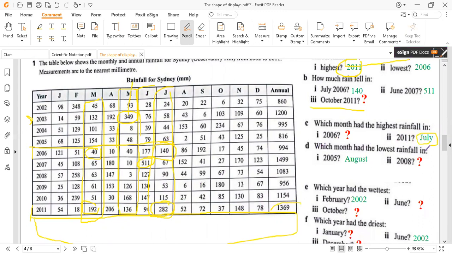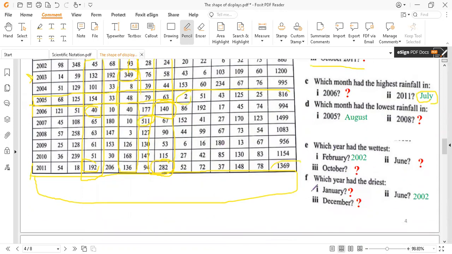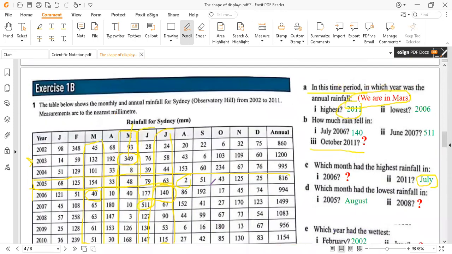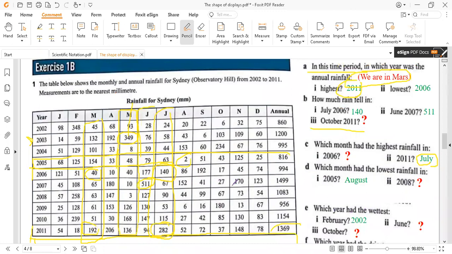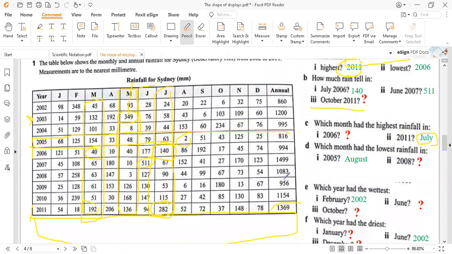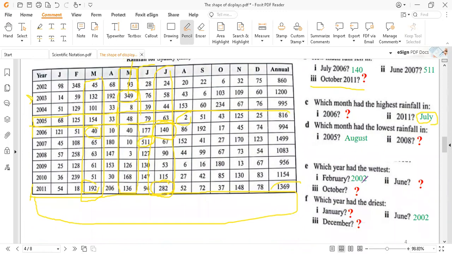What month had the lowest rainfall in 2005? We are interested in this row, 2005. The lowest really is in August, and so on. So you should study well and restrict your choices to find the correct answer, appropriate and very relevant to the given question.